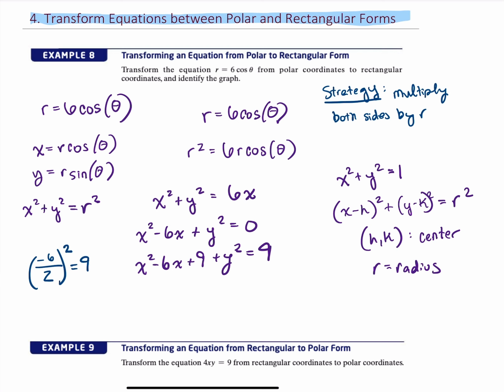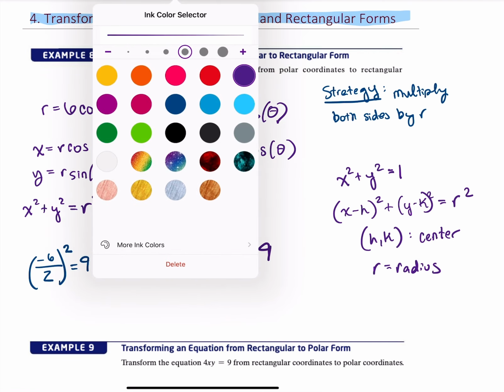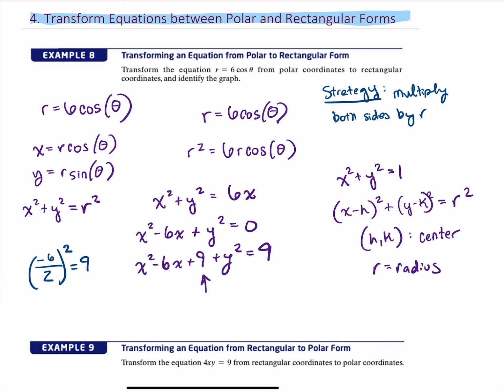So notice now if we factor this trinomial, x squared minus 6x plus 9, it factors into x minus 3 times x minus 3. -3 and -3 are the two factors that multiply to get +9, and they add up to get -6. And since it's the same factor, we can just write it as one factor squared, x minus 3 squared, plus y squared equals 9.